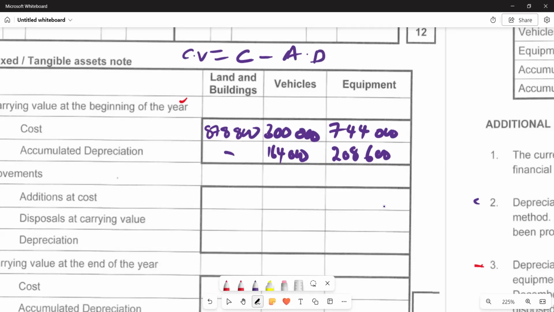So for land and buildings, we don't have any depreciation. So we are going to say 878,800 minus 0. We get the same figure, which is 878,800. And then for vehicles, we are going to say 300,000 minus 164,000, and you're going to get your 136,000.